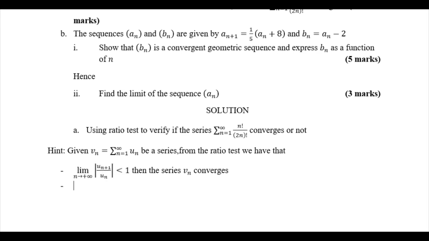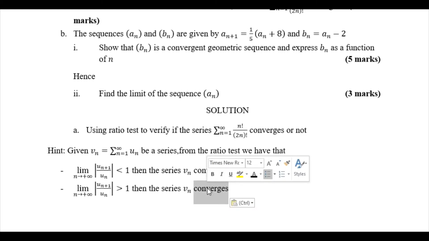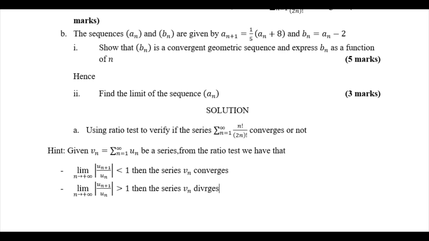That's what we should say. Now, if the limit is greater than 1, then the series v_n diverges.